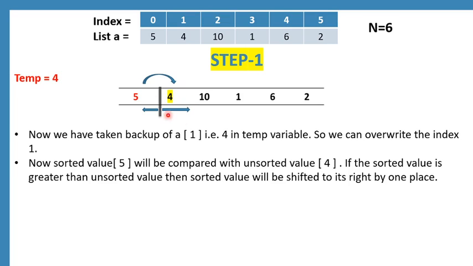So before overwriting index 1, we will store 4 in temp, because if we need 4, we can use it later.